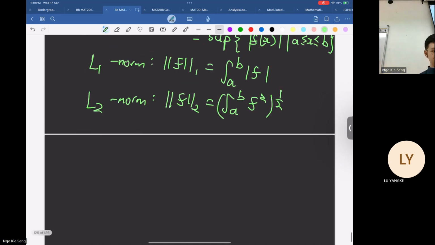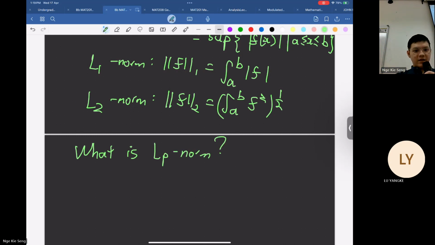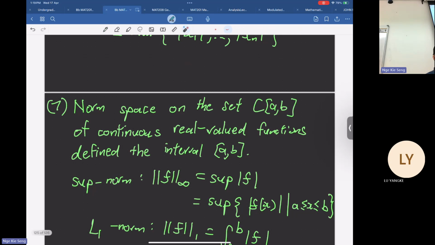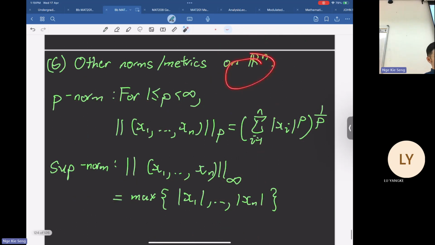Similarly, what's the LP norm? You can define it. So you can see that these are all metric spaces. The members of a general metric space we often call points, although sometimes they are functions, like in this case, or sometimes just points in Rn.